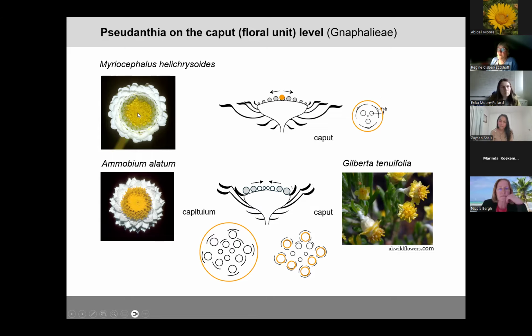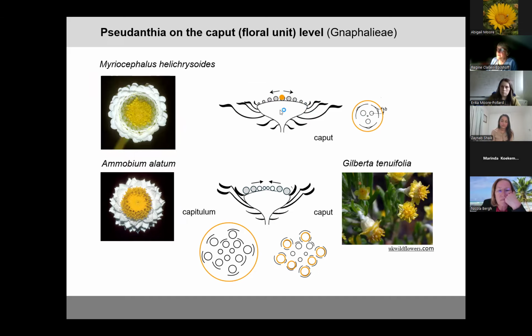This is Myriocephalus helichrysum, which looks very much the same, but flowers in centrifugal direction. And the morphological analysis reveals that we have a terminal unit and lateral capitula, and these capitula are composed of 3 flowers. So this unit reveals as a caput with 3-flowered capitula, a terminal one and lateral ones, all sitting on a secondary receptacle.